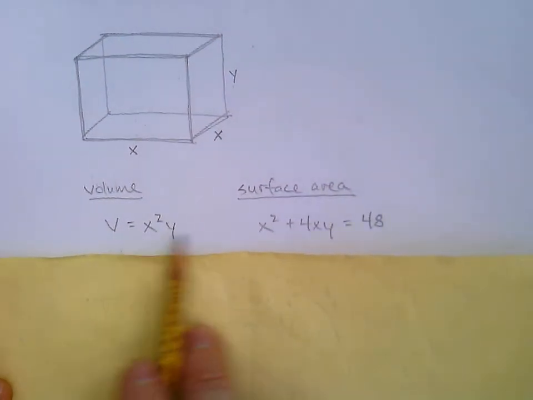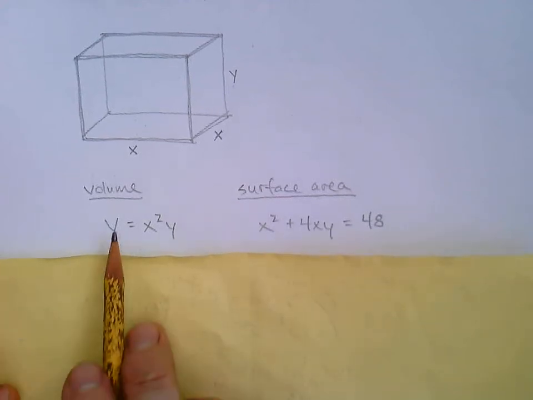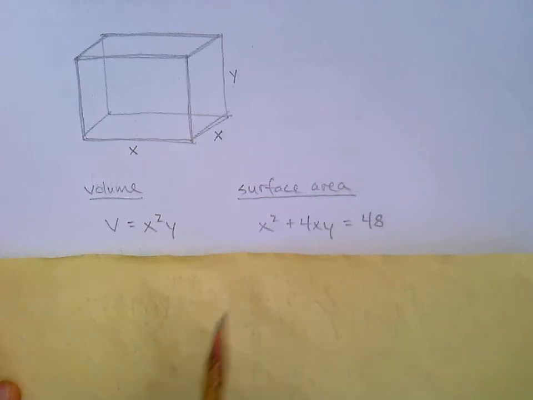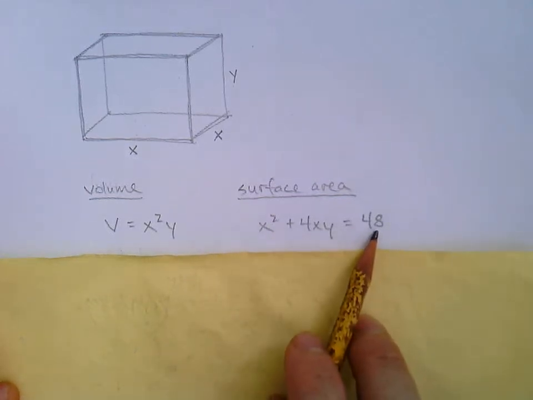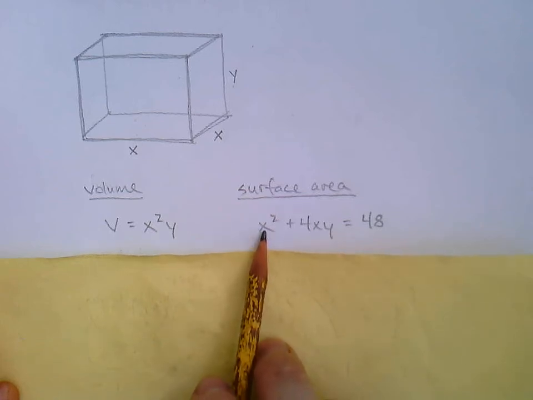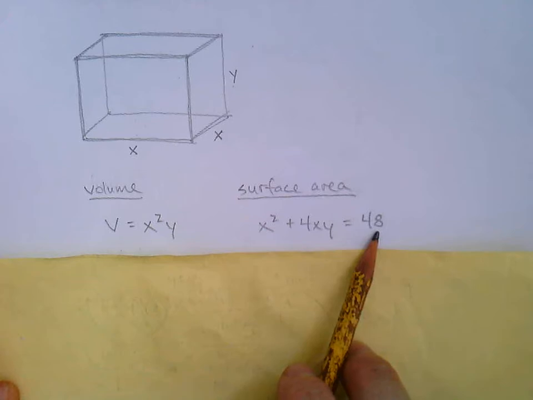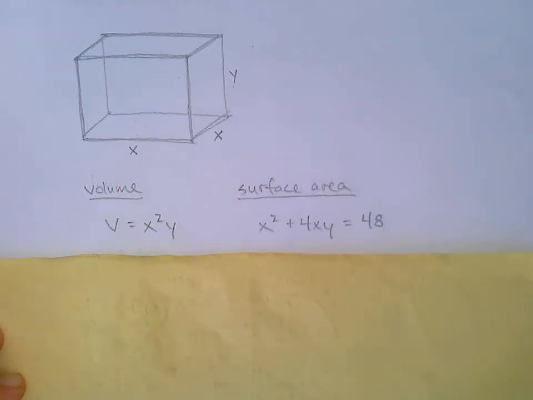My volume and my surface area. Now notice my volume, I just say V equals x squared y. But the surface area, they tell me in the problem what that's supposed to be. So my 5 sides, x squared plus 4xy, I know that's going to equal 48. I'm going to use all 48 square inches of material to get the biggest volume.